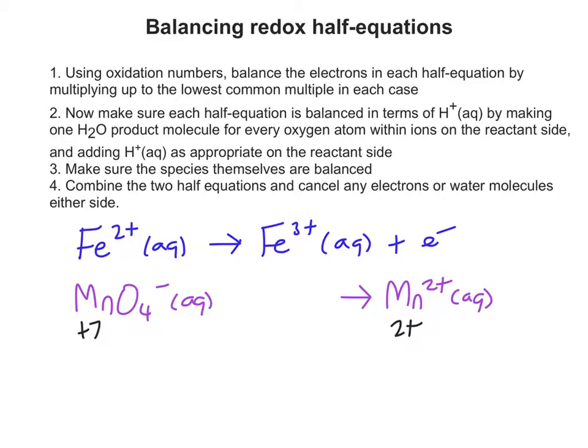So going from +7 to +2, that is obviously a reduction because it becomes less positive, and it goes down by 5. So that must mean there's 5 electrons being gained.